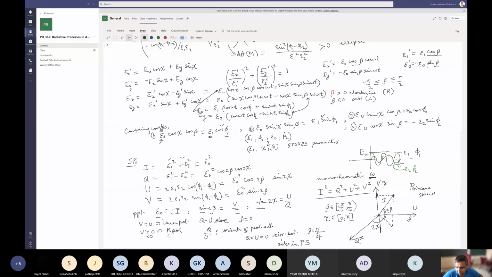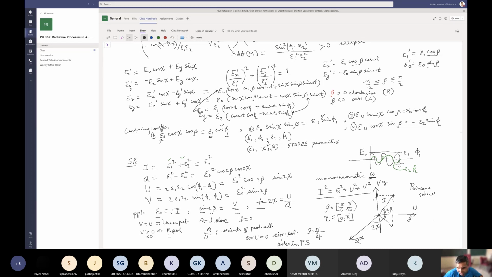And then from these relations, you can actually make a sphere that can represent these different Stokes parameters I, Q, U, and V. If we choose V as the z-axis of your spherical coordinate system, then V is the z-axis, U the y-axis, and Q the x-axis.